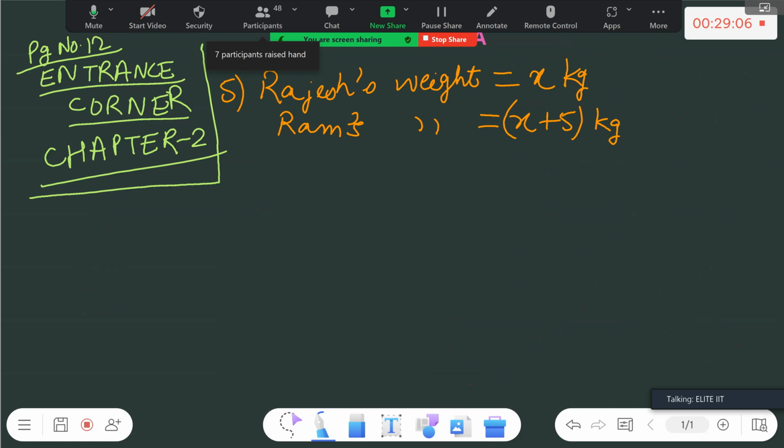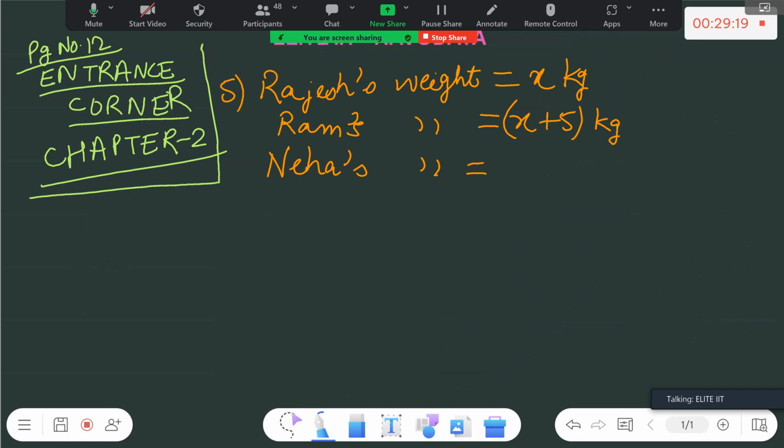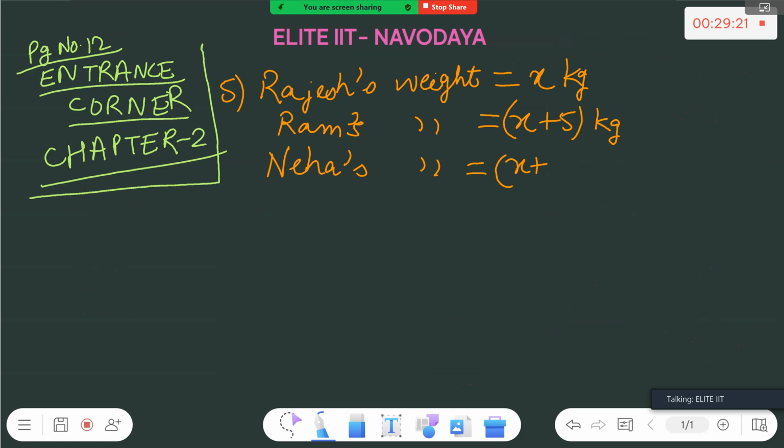And Neha's weight is 3 kg more than Ram. So what will be 3 kg more than Ram? X plus 5 plus 3, X plus 8.